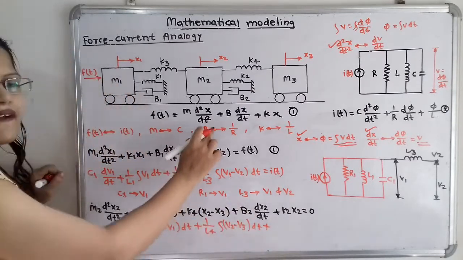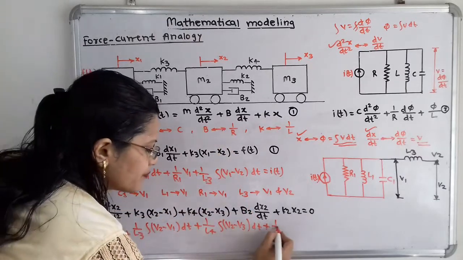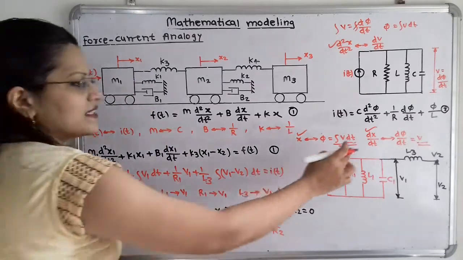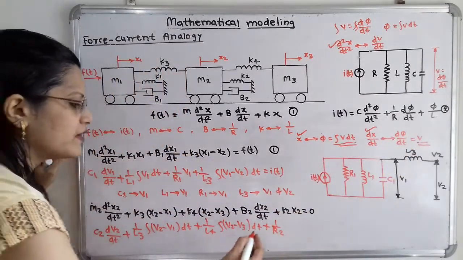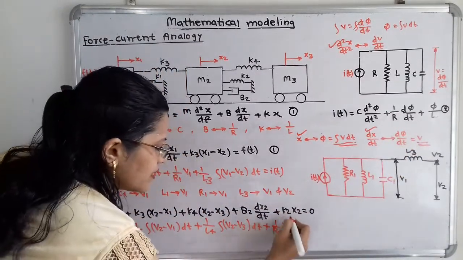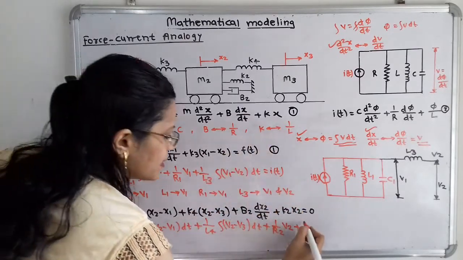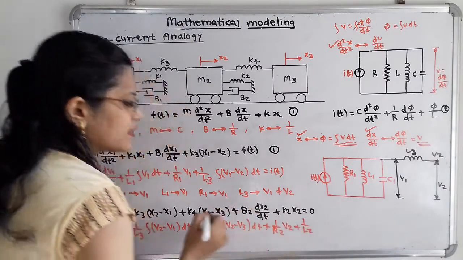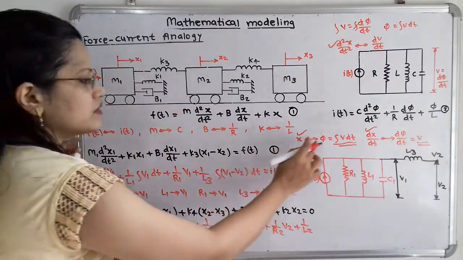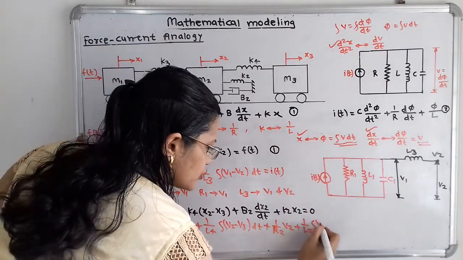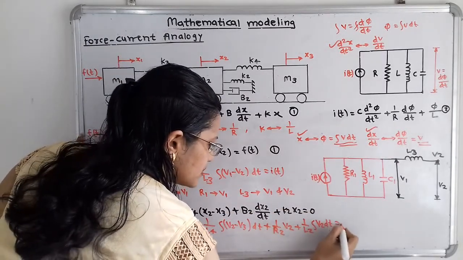Instead of b2 I will use 1 by r2 dx2 by dt. Now dx by dt is nothing but v, so I will use v2. Then plus K2 X2, that means 1 by L2, and X2. For X2 we will use integration of V2 dt, which is equal to 0.